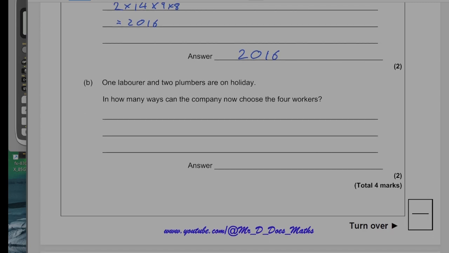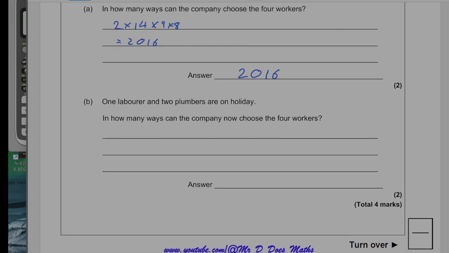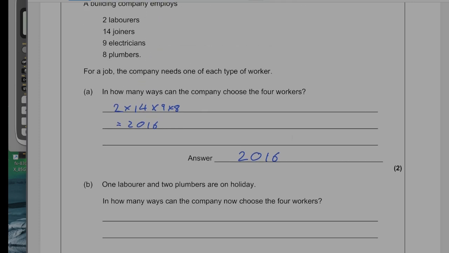Part B, 1 labourer and 2 plumbers are on holiday. How many ways can the company now choose? So we've only got 1 labourer. I was just trying to work out whether I could adjust this number, and I can.